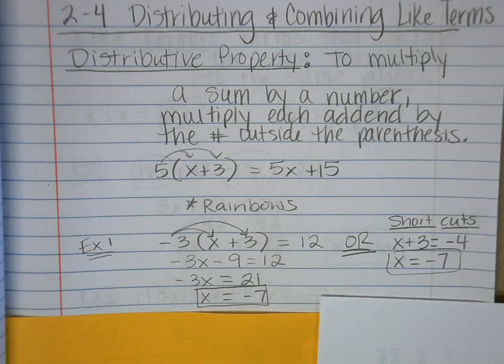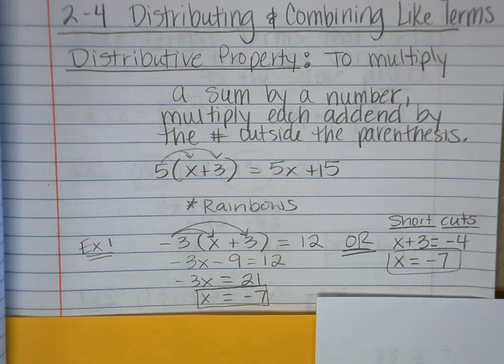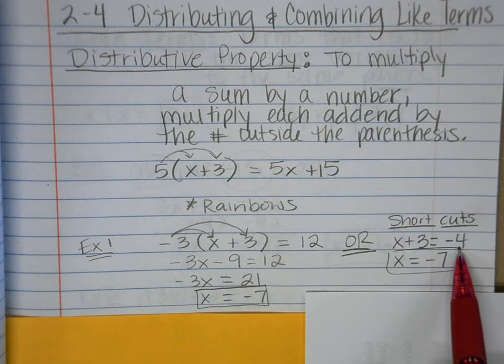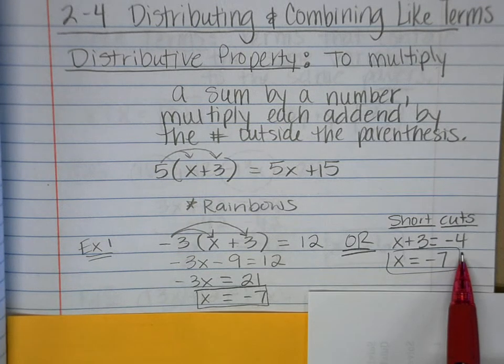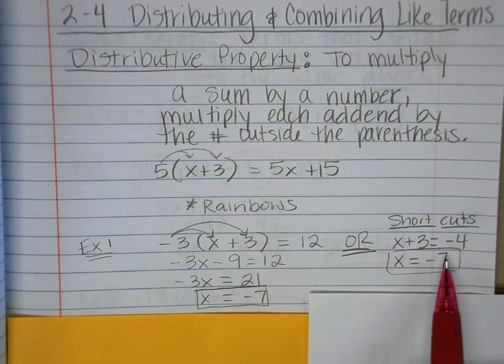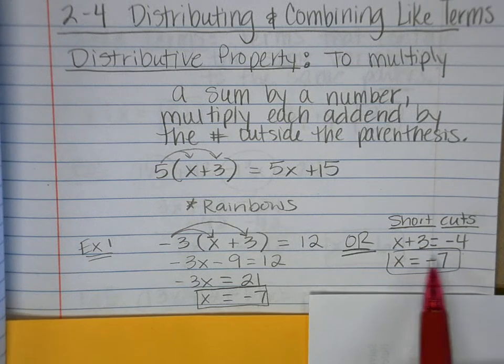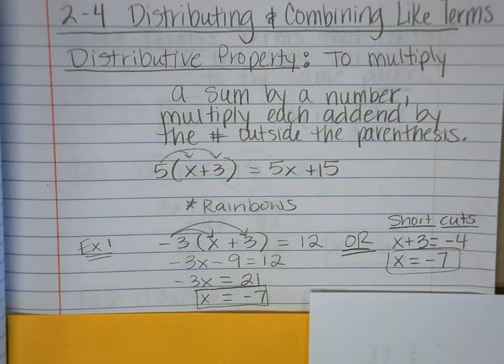Look at that. Here's a little shortcut. If I take the negative 3 and I divide that over into the 12, I'm going to get negative 4, right? 12 divided by negative 3 is negative 4. And then all I have left is the x plus 3, and then I just subtract it. Is that a little faster than multiplying and then undoing what we just did?